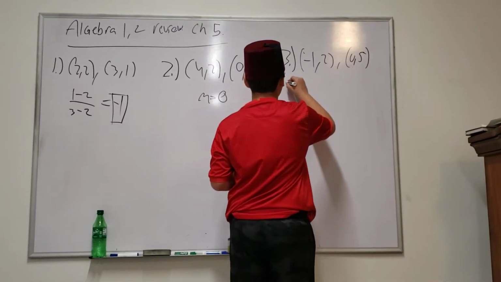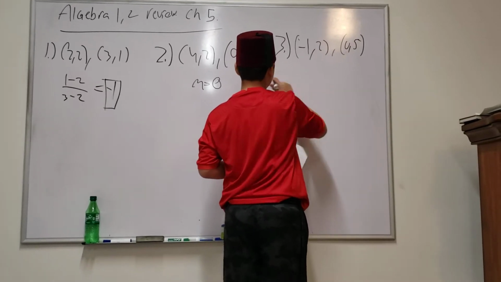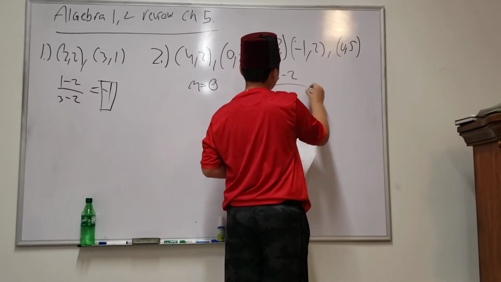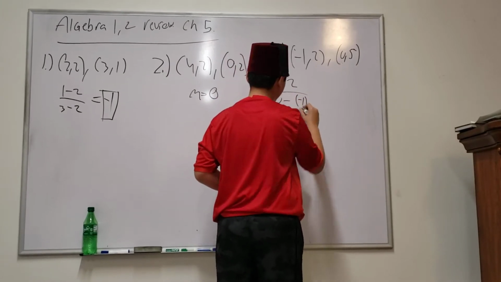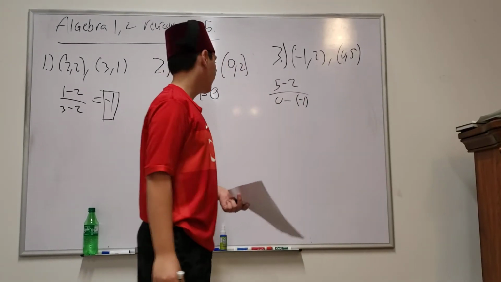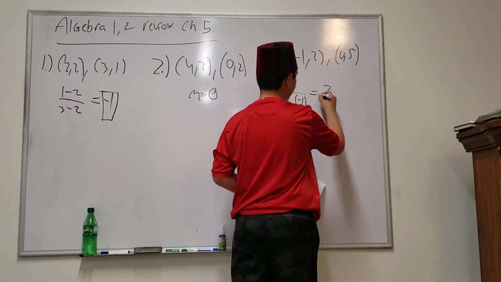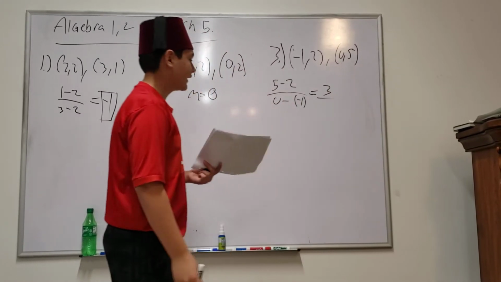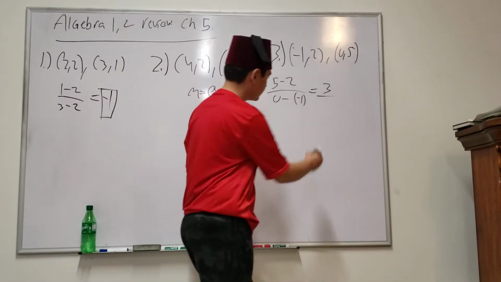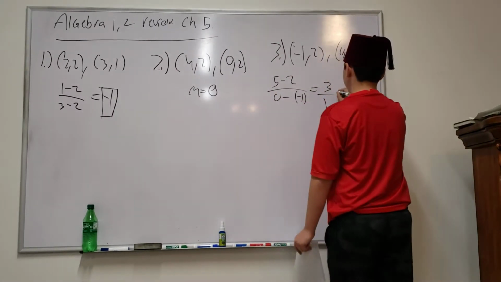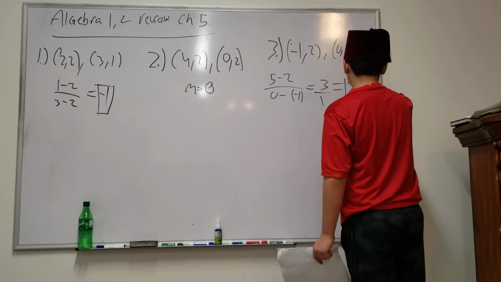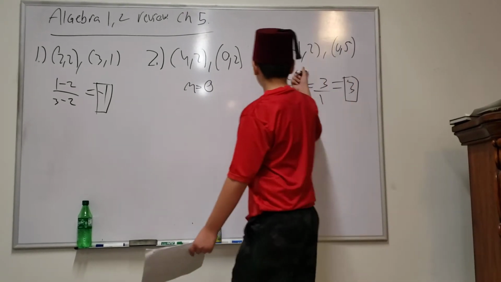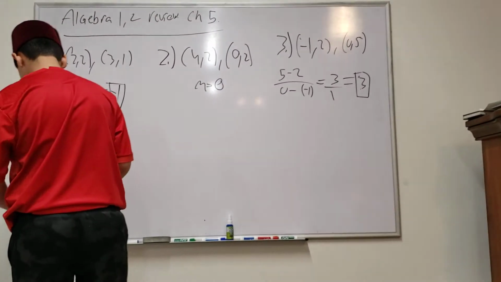It'll be 5 minus 2 divided by 0 minus negative 1, which is just 0 plus 1. So 5 minus 2, that's 3. 0 minus negative 1, 0 plus 1 is 1. So this simplifies into 3. So that's the answer.